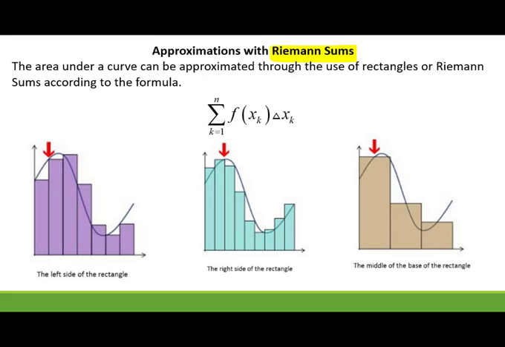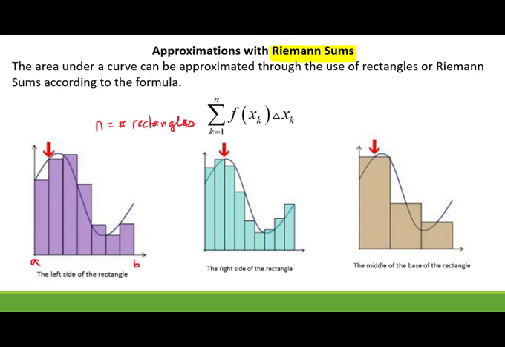There's a few different types of rectangles we can use. We can go to the left side of our interval. Looking at each one of our rectangles, we go from a to b, and I break this up into n rectangles. That's my number of rectangles. If I'm going to the left, I look at the left endpoint of each one of my intervals.